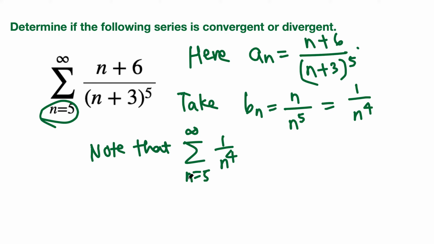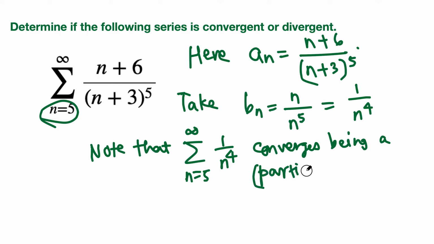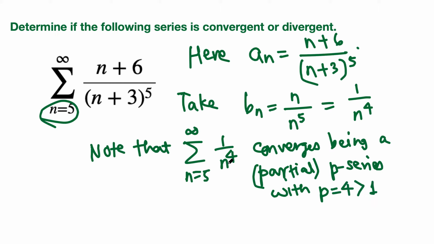In fact, a p-series means n equals 1 through infinity, but this is even smaller, so it's a partial p-series. So this one converges, with p equals 4 bigger than 1. When p is bigger than 1, this series converges.